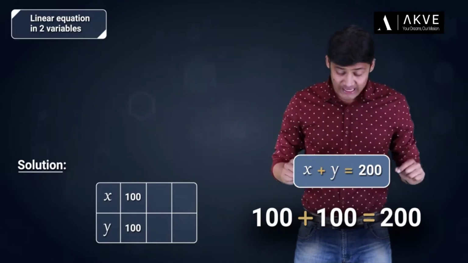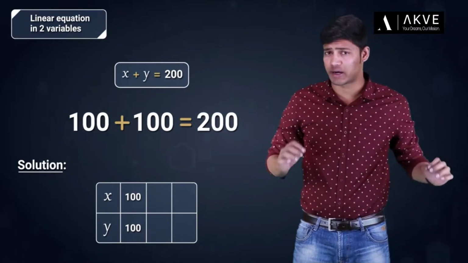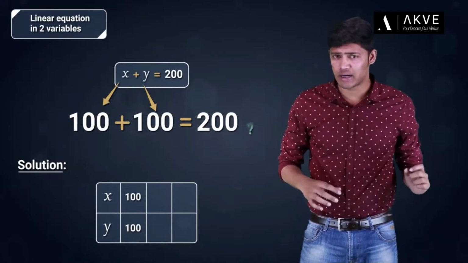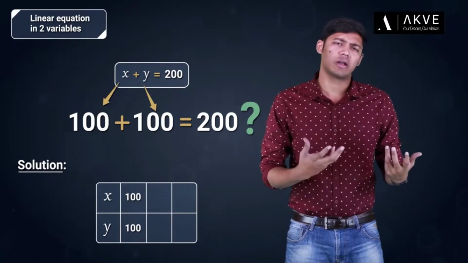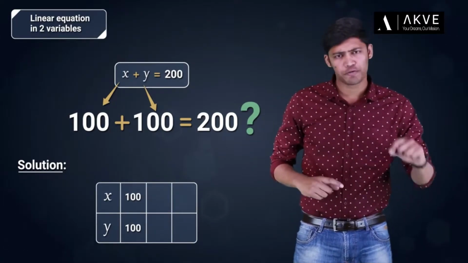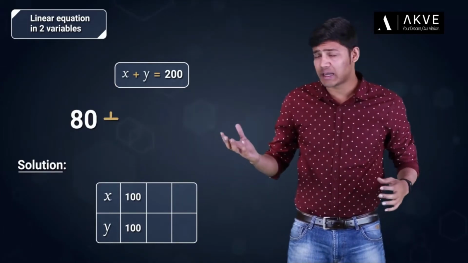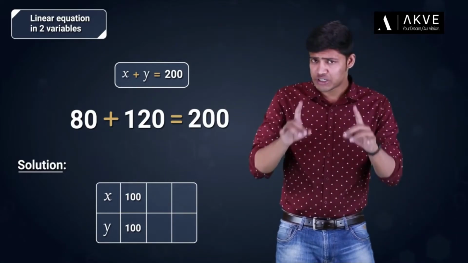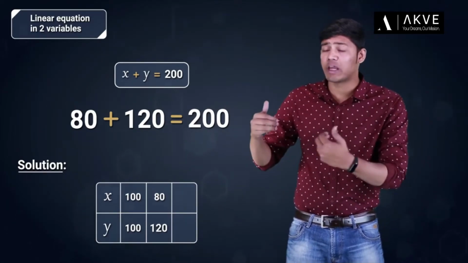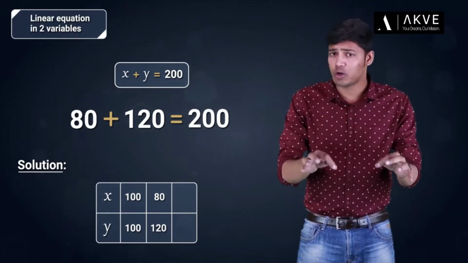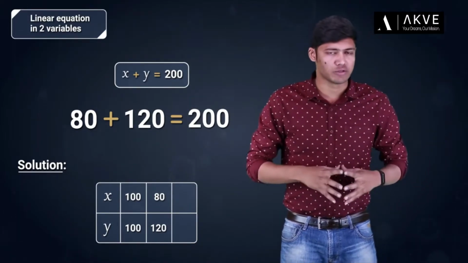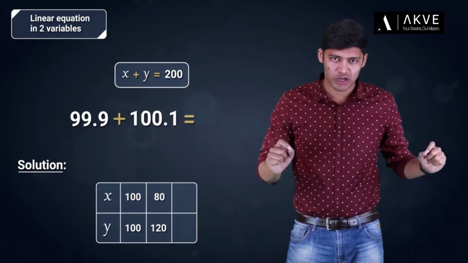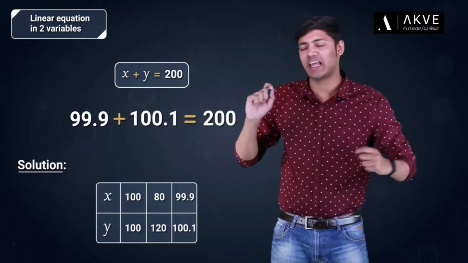And now, for this linear equation x plus y equals 200, is x equal to 100 and y equal to 100 the only solution? Or can there be more number of solutions? If you observe carefully, x equal to 80 and y equal to 120 will also satisfy this equation, which implies that x equal to 80 and y equal to 120 is also one of the solutions to this linear equation in two variables. x equal to 99.9 and y equal to 100.1 will be one of the solutions to this linear equation.